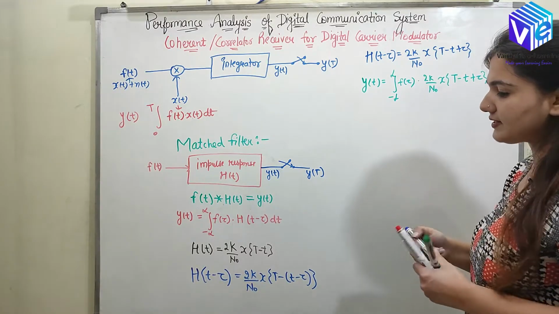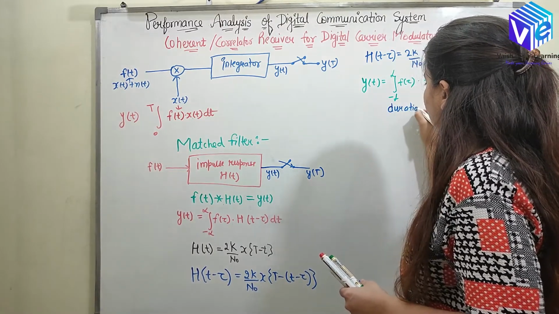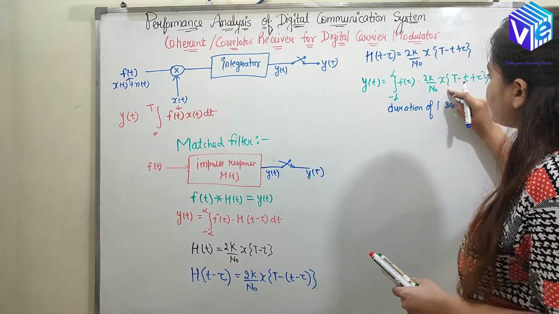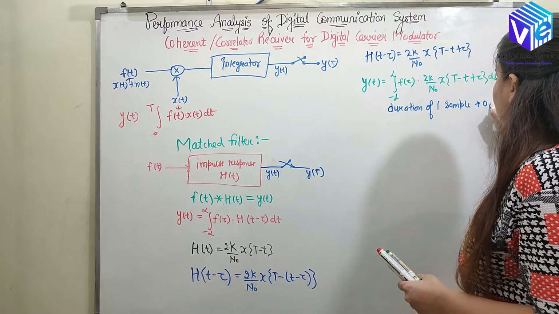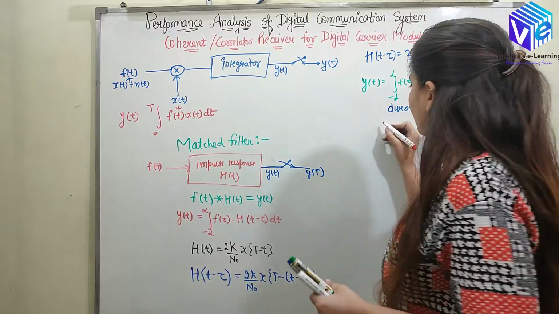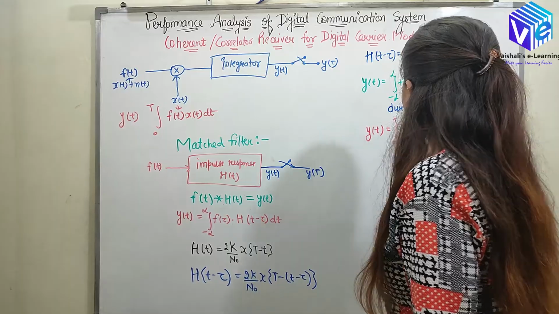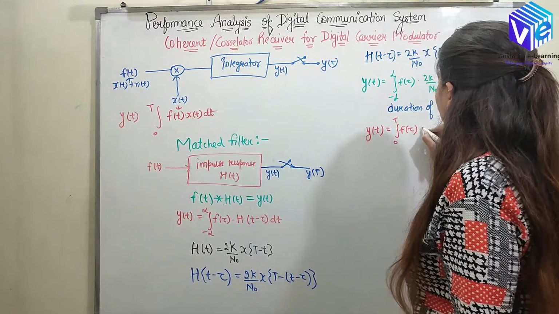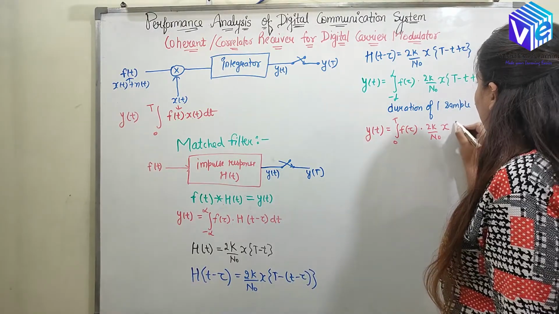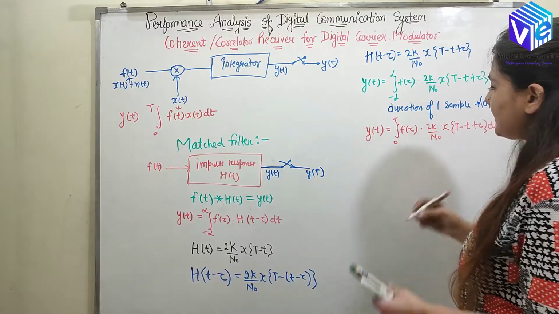Now for one sample, the duration of one sample of x is 0 to T. So replacing the integration limits with 0 to T, y(t) would be the integral from 0 to T of f(tau) 2k by N0 x(T minus t plus tau) d tau.